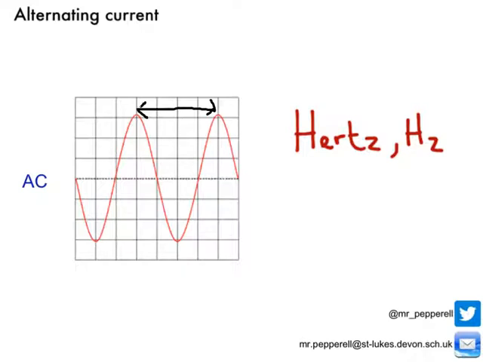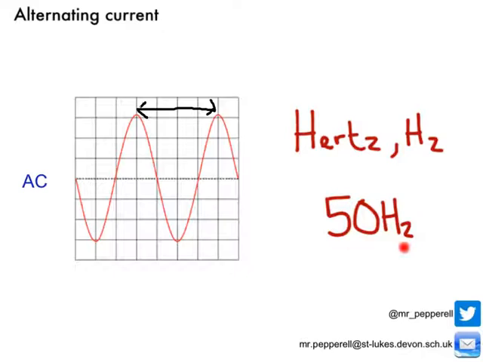Mains electricity in the UK, and this is a figure you just actually have to remember, you will get asked this in the exam, goes through this cycle here 50 times every second. So you get 50 of these cycles, the one way then back the other way cycles, every second. So UK mains electricity has got a frequency of 50 hertz, and that is a number that you just need to remember.